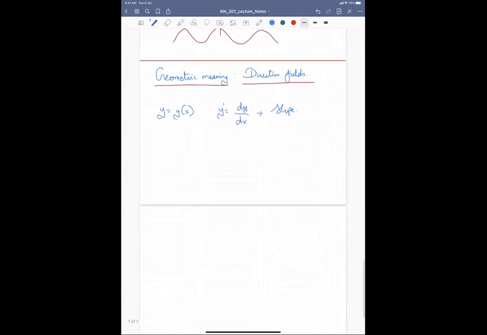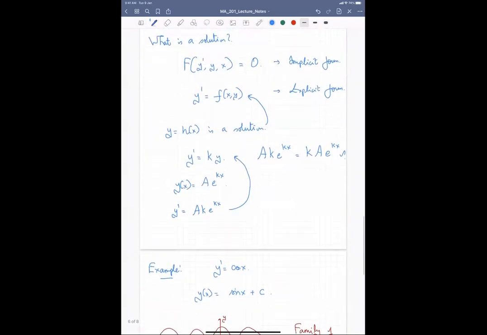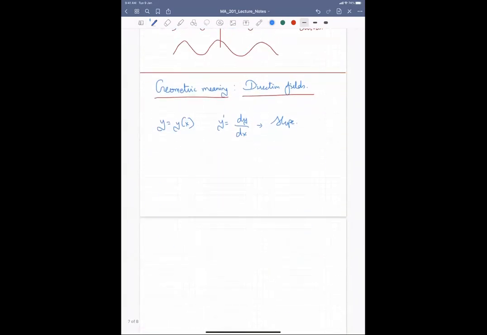So I will start with the explicit form of the differential equation. I will write a differential equation of the form y prime equals f of x comma y. Of course, since y is a function of x, I can again interpret y prime to be the slope at some particular point x equals x0. So suppose I sketch one particular solution like this.